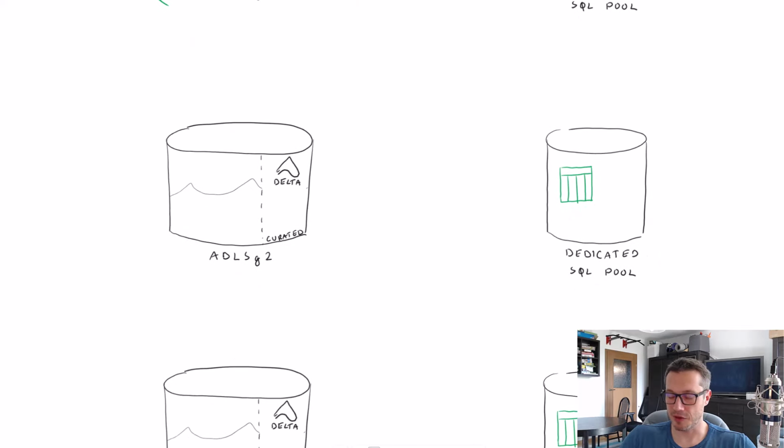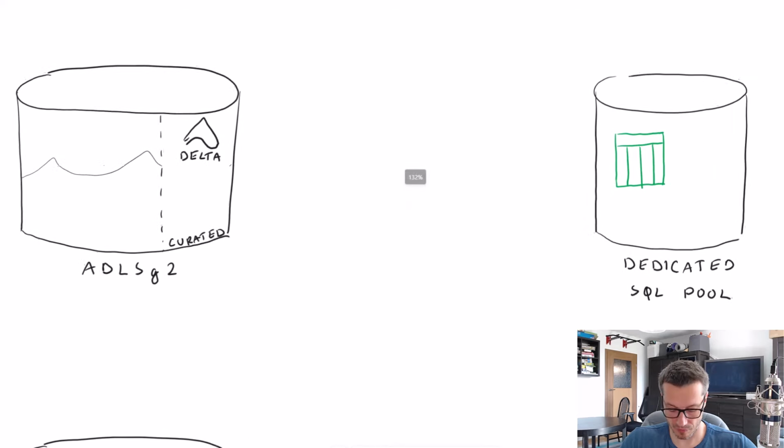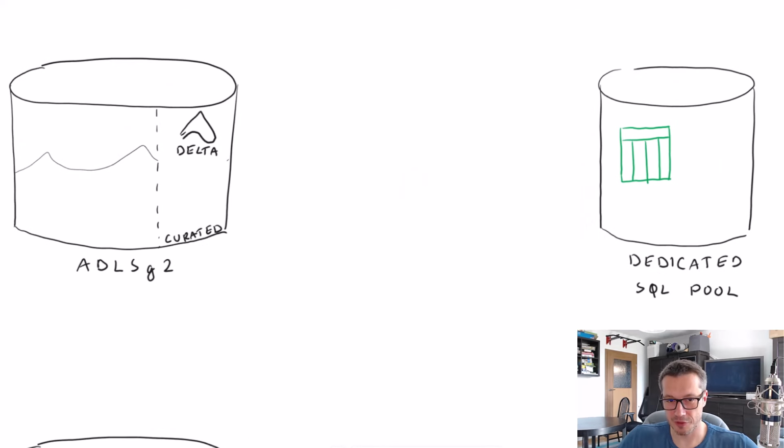So this is our third scenario. Still we want to grab the data from our data lake to a table in Dedicated SQL Pool. And we want to use the copy activity because that's the most obvious choice that should come into your mind when you think about moving data from one place to another.